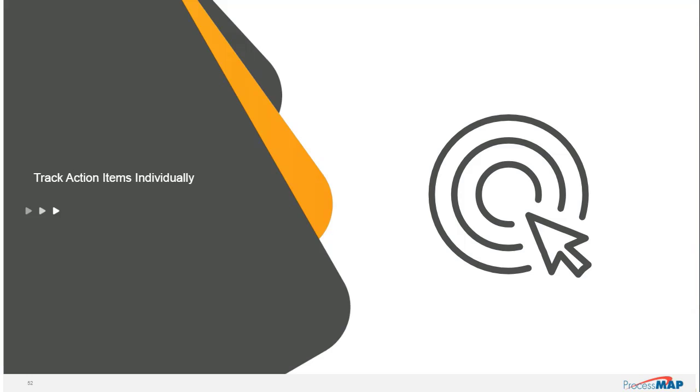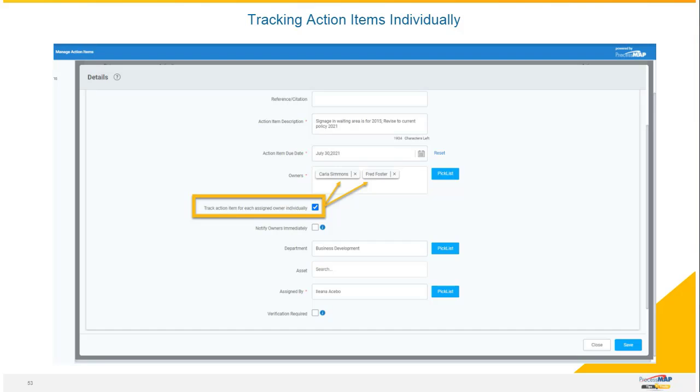So we wanted to make sure that we highlighted this. I'm going to take you through the ability to track action items individually. This functionality is across all modules. So I do hope that I have everyone's attention for this one, because regardless of what modules you have, this one's for you.